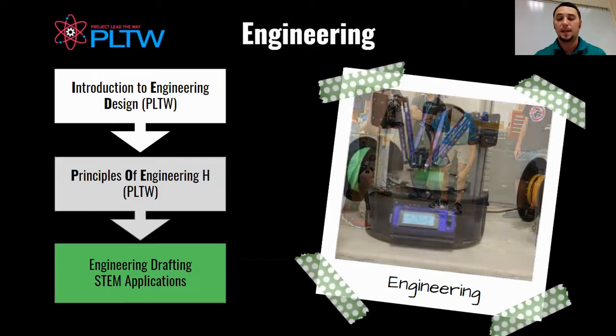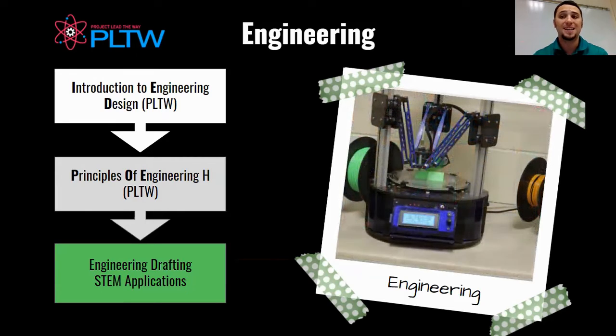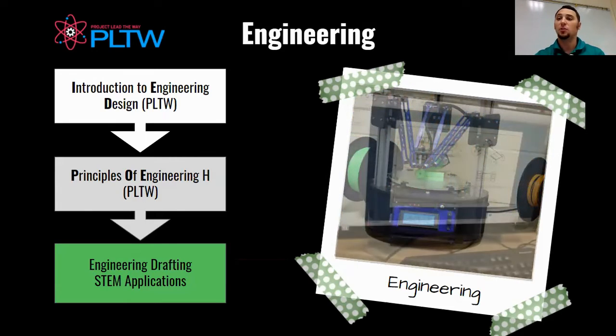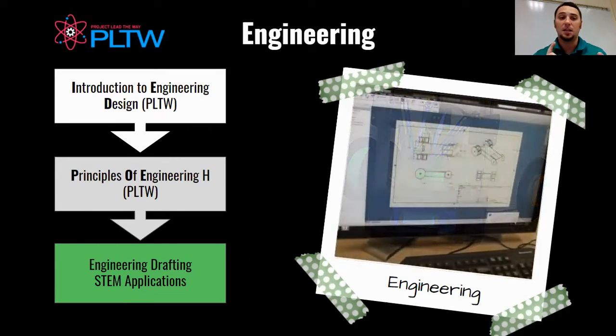Principles of Engineering is our next engineering course, where you're going to be learning circuits and robotics, building and programming robots, towers, bridges, all kinds of cool stuff like that. We also have a capstone level course that you can take to further your engineering projects and skills.